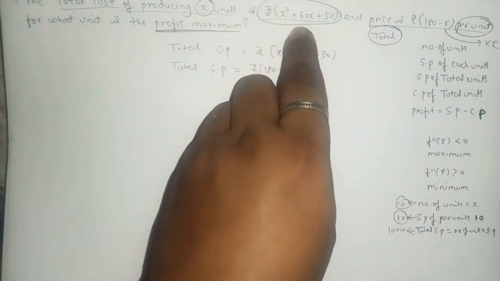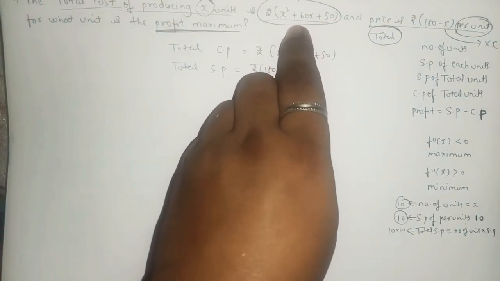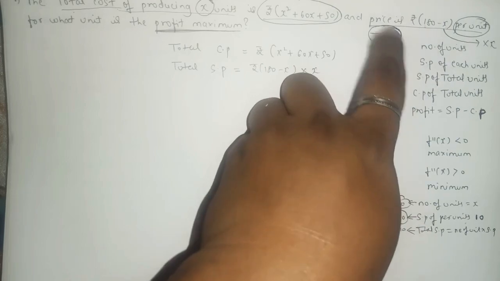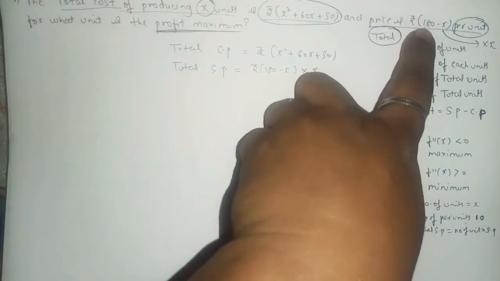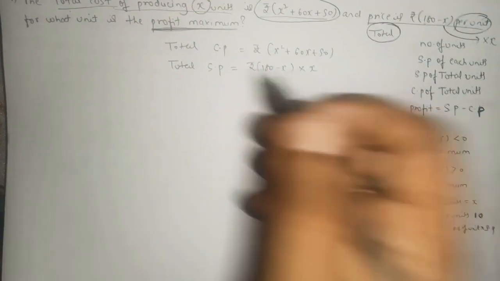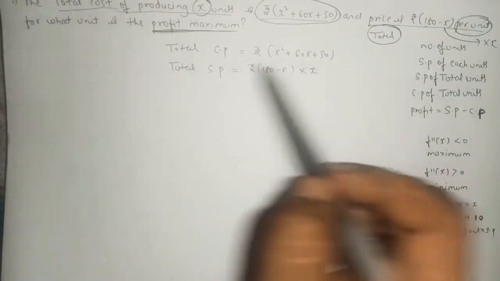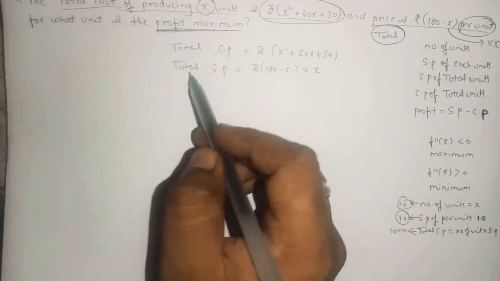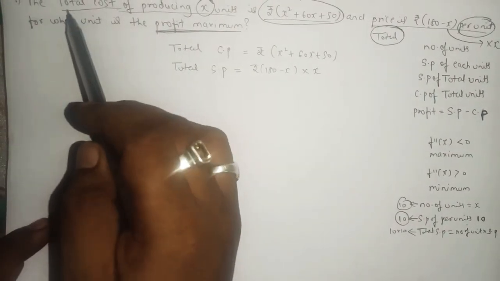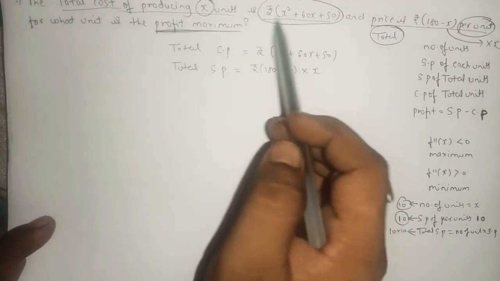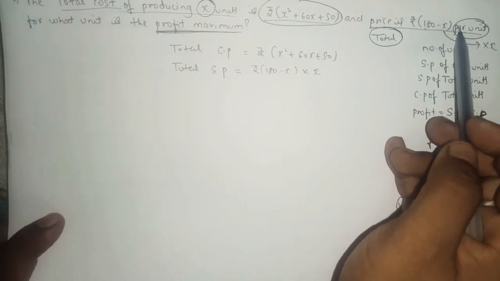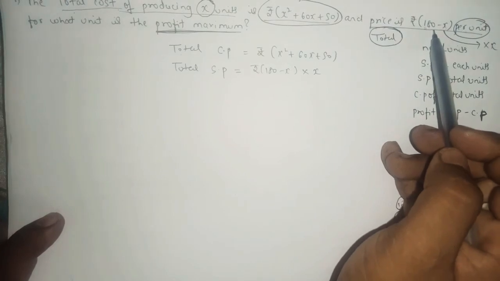If it says the cost price is per unit, you will multiply x to the cost price, but here it is mentioned for the selling price, so we multiply x to the selling price. In this type of sum, you have to find the total cost price and total selling price. Here it was clearly mentioned that the total cost price was so and so, but the selling price was mentioned per unit, so per unit is 180 minus x.